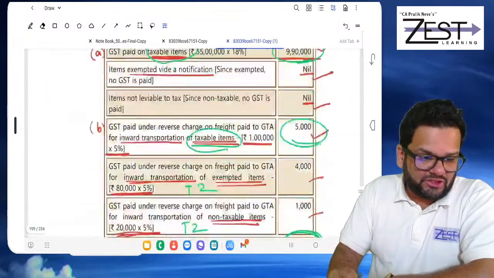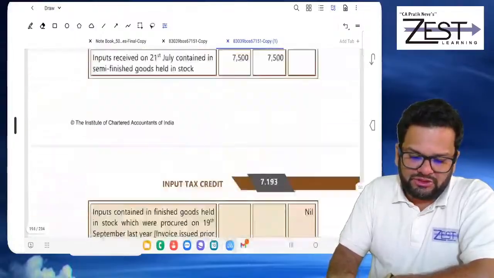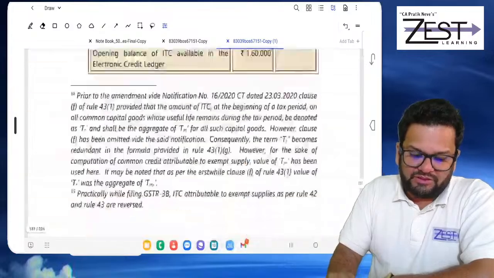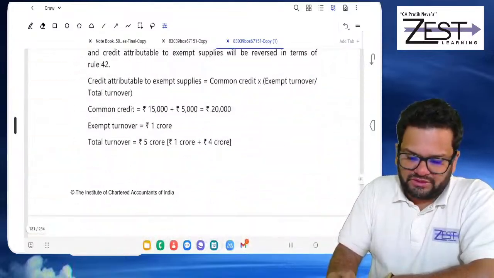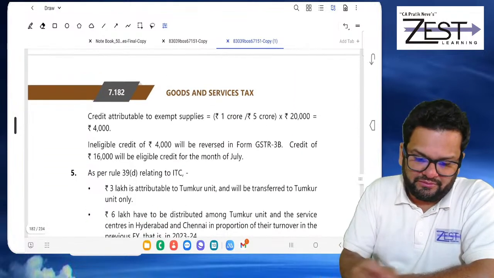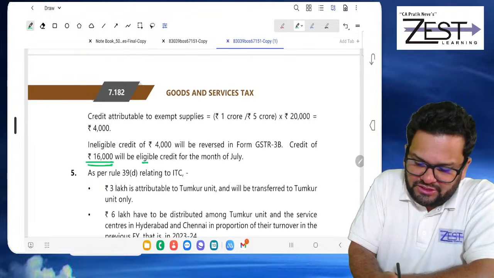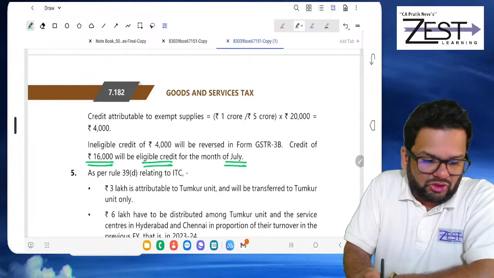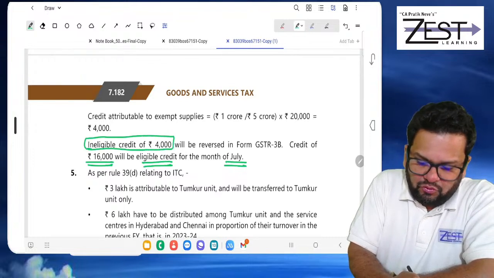Ashima is saying yes, she has understood. What about Mahalakshmi ji? This is your question number 4, isn't it? 16,000 will be the eligible credit for the month of July, because ineligible credit is 4,000.